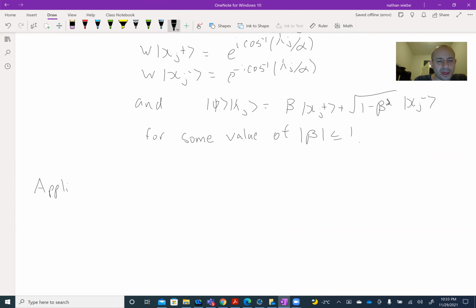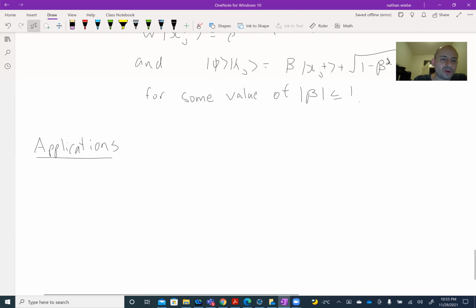So there's a couple of things that I want to mention about this first. First thing is, we require that H is Hermitian. We can actually apply the same sort of reasoning to also address the case of non-Hermitian operators under some circumstances.